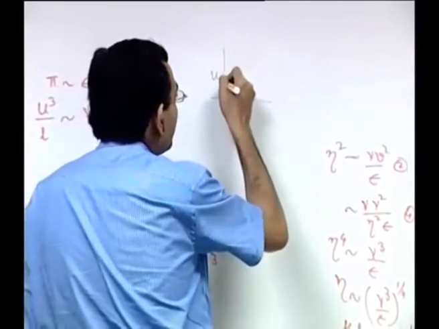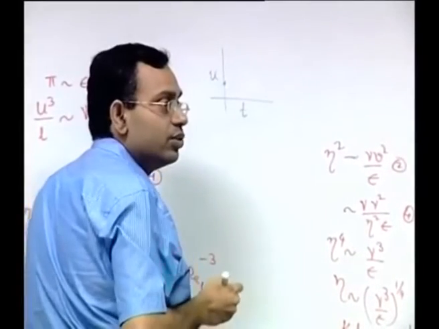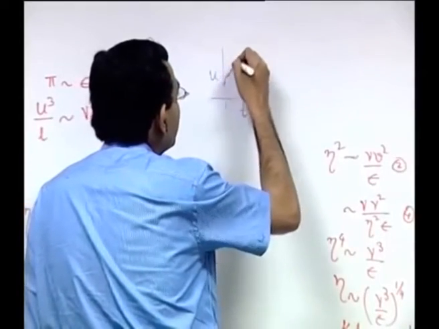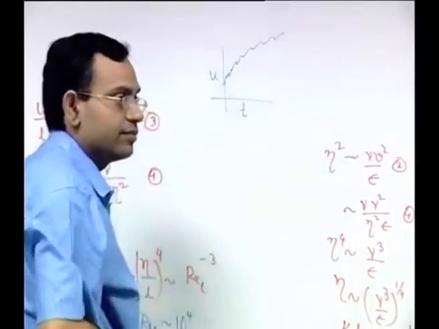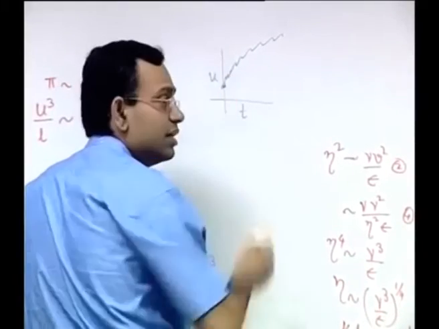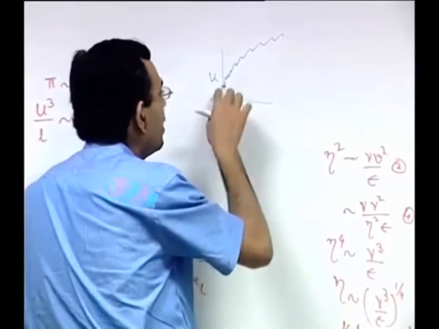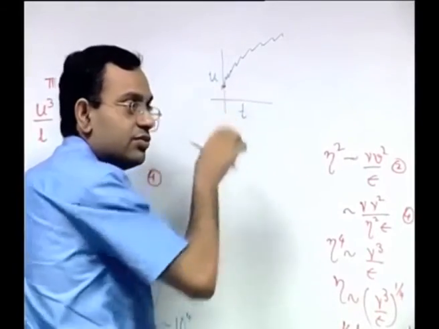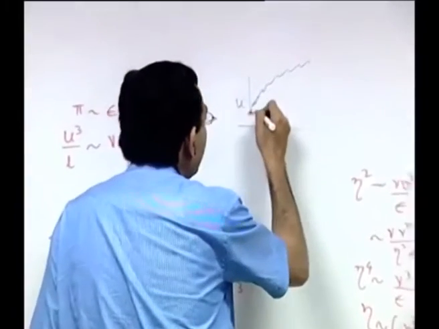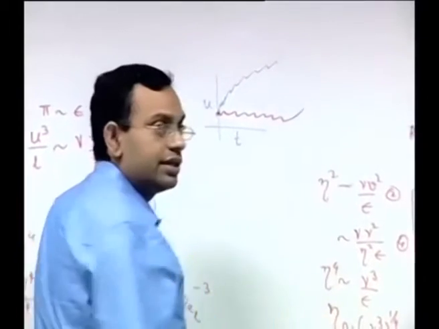At time equal to 0 at a particular point, say this was u. Then as time evolves, let us say that u evolves in this way. Now if you slightly change the initial condition by a very small infinitesimal change, which can be within numerical errors, that can lead it entirely to a different orbit.